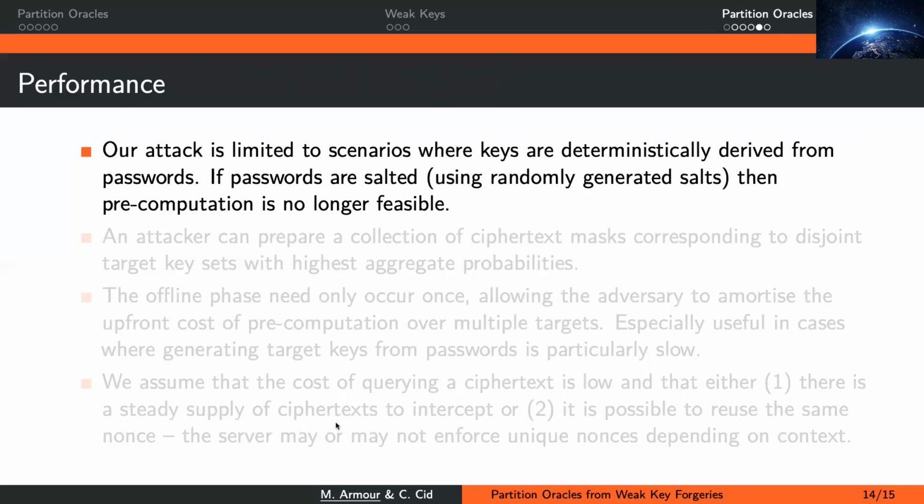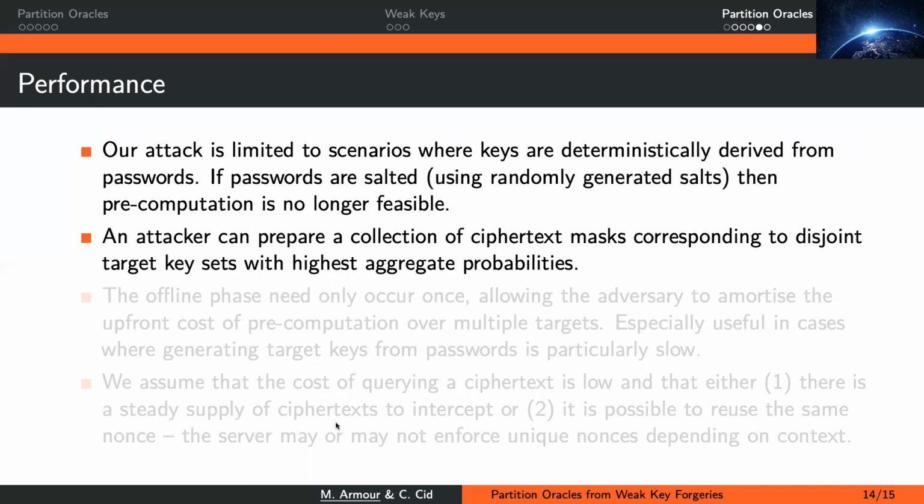Okay, so performance. Our attack is limited to scenarios where keys are deterministically derived from passwords. If passwords are salted using randomly generated salts, then pre-computation is no longer feasible. So an attacker can prepare a collection of ciphertext masks corresponding to disjoint target key sets with the highest aggregate probabilities.